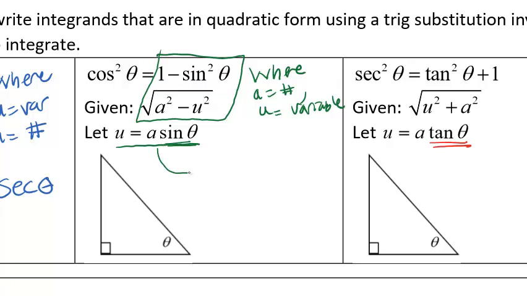Solving this for sine, we'd end up with u over a is equal to the sine of theta. And we'd use this to build our triangle. Again, if this is theta, u is the opposite side, a would be the hypotenuse, and the adjacent side using Pythagorean theorem would become the square root of a squared minus u squared.